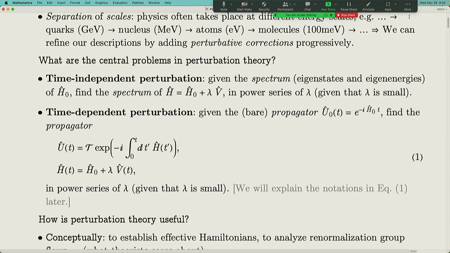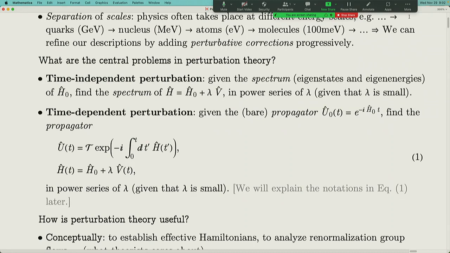For that, we have two types of problems to solve. One is called time-independent perturbation, which focuses on questions about eigenstates and eigenenergies of the new Hamiltonian.